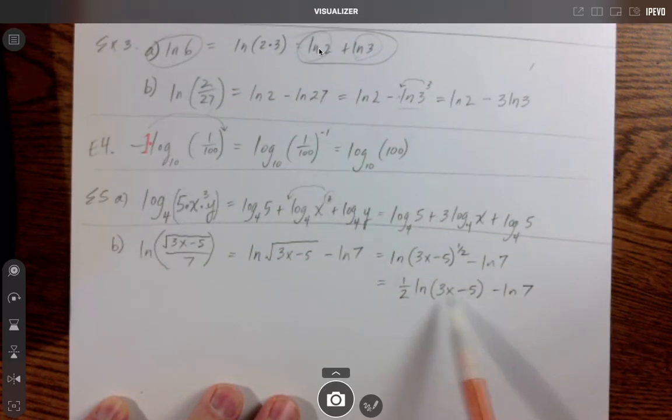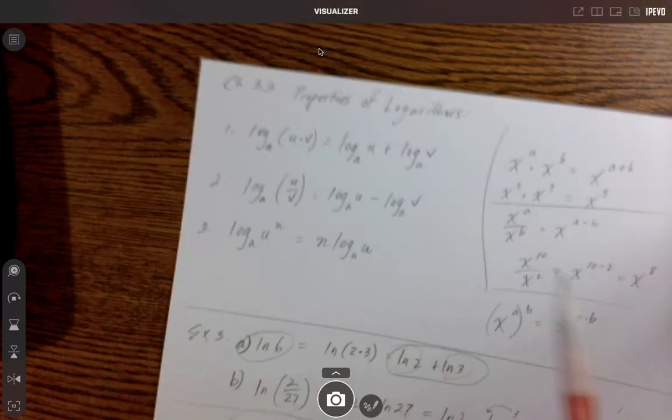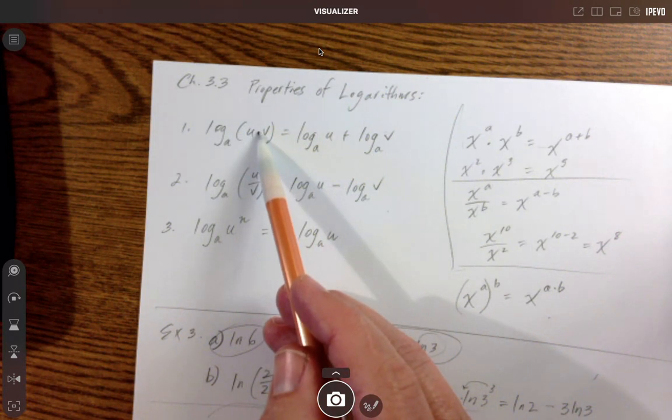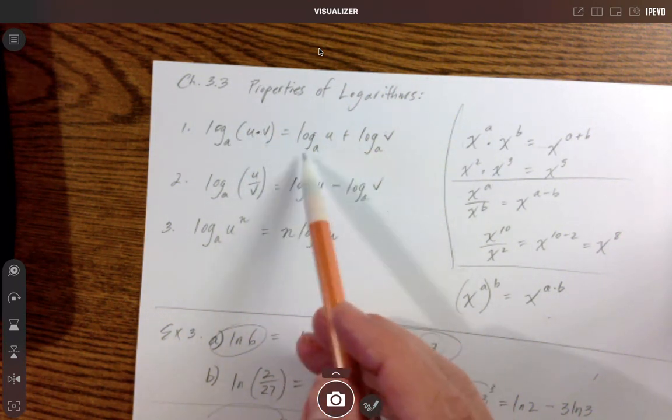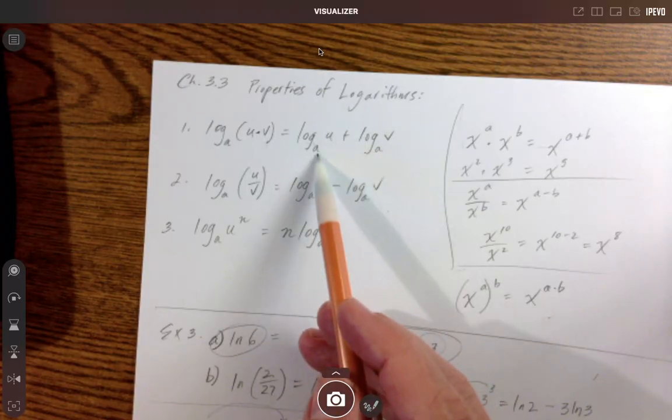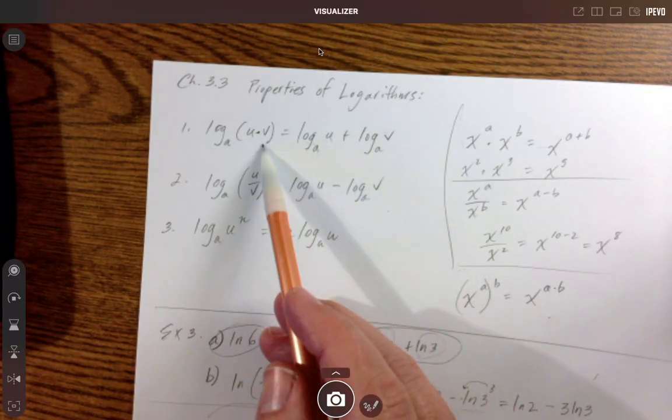I can't break this up because that's not a product, right? That's not multiplication or division. Remember, in the properties we learned, you can only break up multiplication and division. Now, you can work backwards. If you have two different logs that are added together, as long as they have the same base, you could write it as a single log.